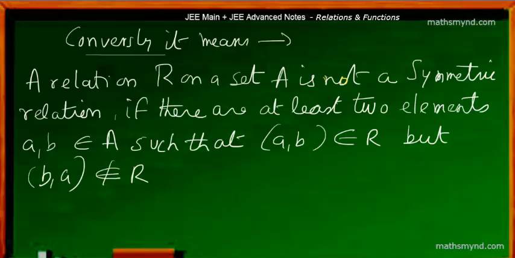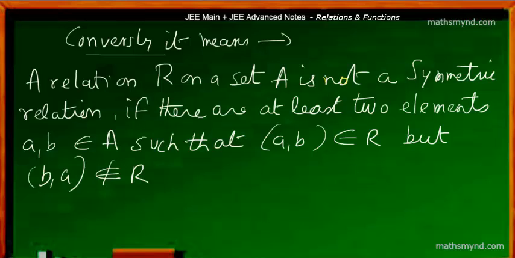Now, what does it mean? Conversely, if you take the reverse idea, it means that a relation R on a set A is not symmetric if there are at least two elements A and B in set A such that AB is an element of that particular relation, but BA is not an element of the relation.